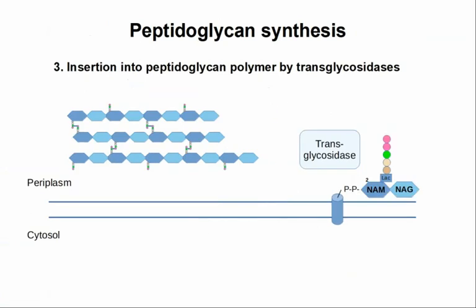Also, no extra energy input because you're cleaving this phosphodiester bond here, and that releases the energy you need to make the bond with this sugar over here. So there's no ATP, UDP, nothing needs to be there.